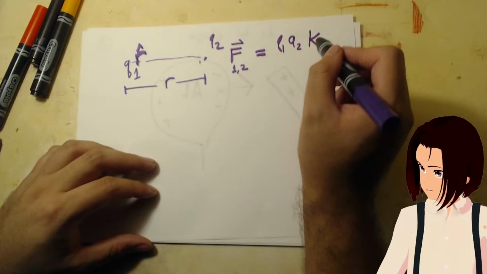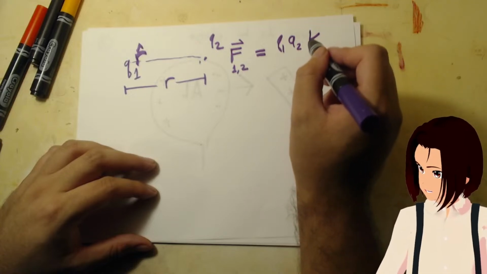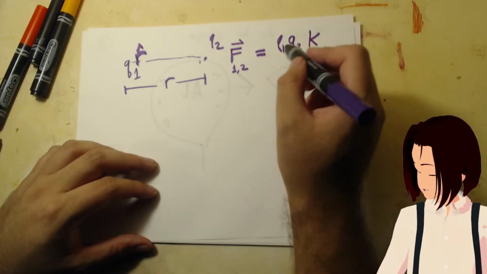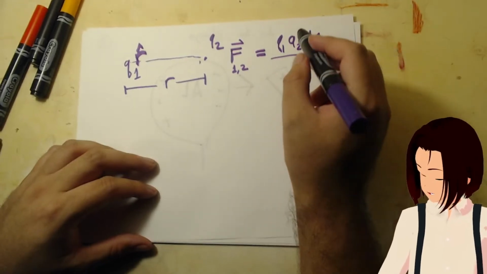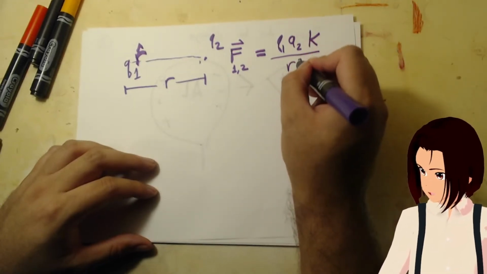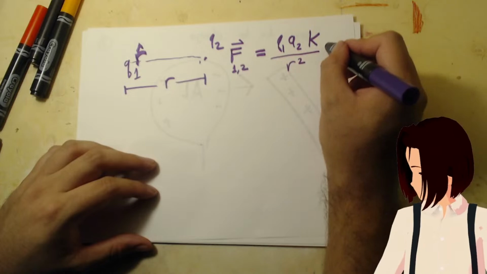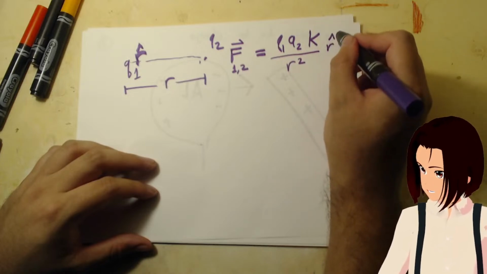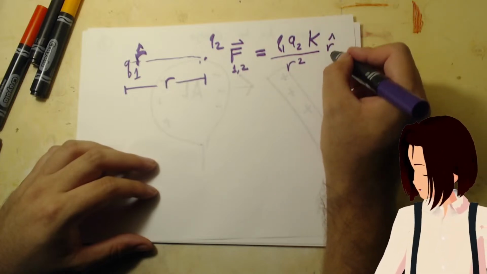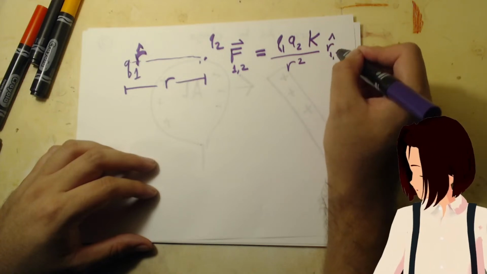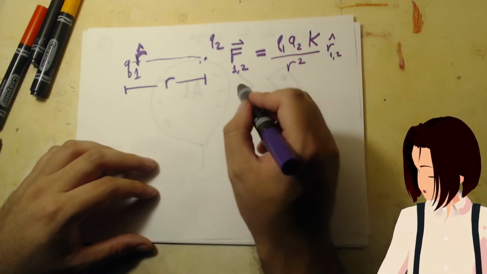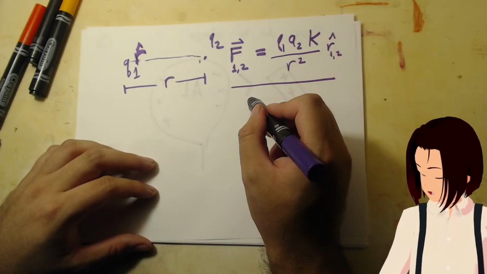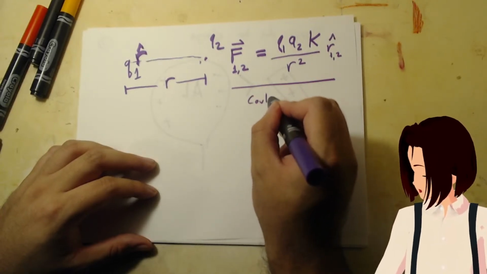The way you find this constant is quantum mechanics, and we're not talking about that right now. And the distance r squared. And don't forget, since it's a force, we have a vector. And this relationship right here is called Coulomb's law.